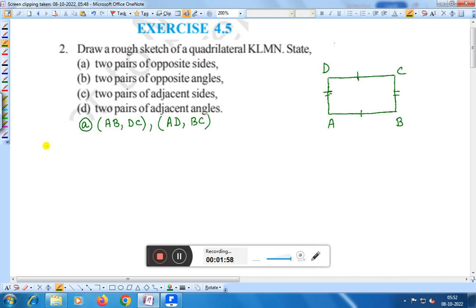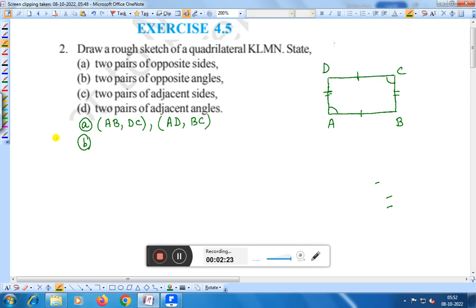Now question number B. Two pairs of opposite angles, right? In this figure you see the opposite angle of angle A, the opposite angle of this angle, that is A, is this angle, that is angle C, right?